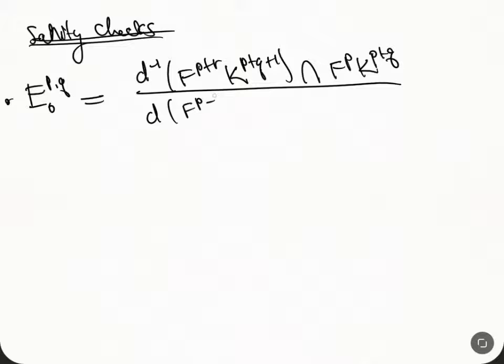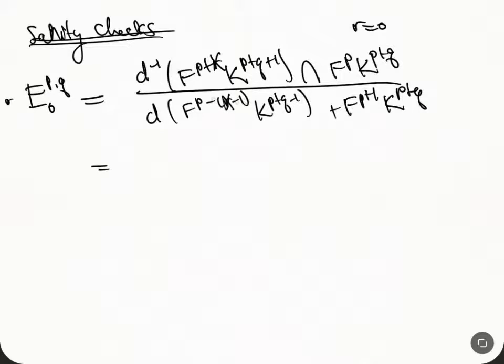Then D F P minus R minus 1, K P plus Q minus 1, and again this is a modification of the pth gradation thing, P plus Q. In the case that R is equal to 0, this goes away, and this goes away, and we can note that this thing here is completely contained in here. It's going to be completely modded out by here. So modding out by this is modding out by more.